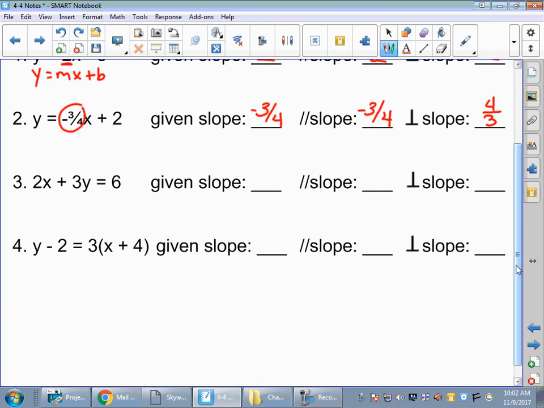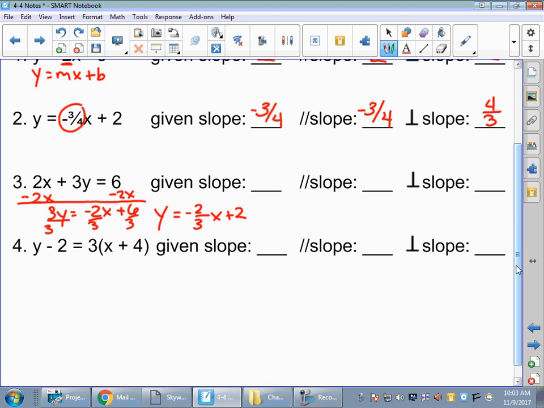This next line is in standard form, so I can't really look at standard form and see the slope, so I've got to do a little bit of rearranging. So I'm going to subtract 2x from both sides. That leaves me with 3y is equal to -2x plus 6. Then I'm going to divide both sides by 3. And my line is y equals -2/3 x plus 2.